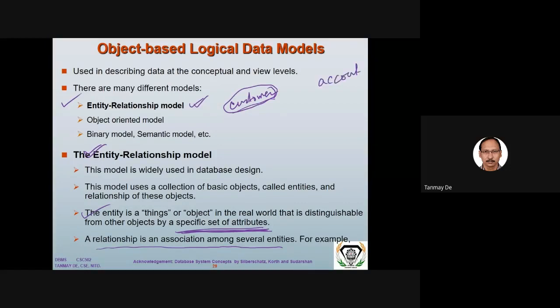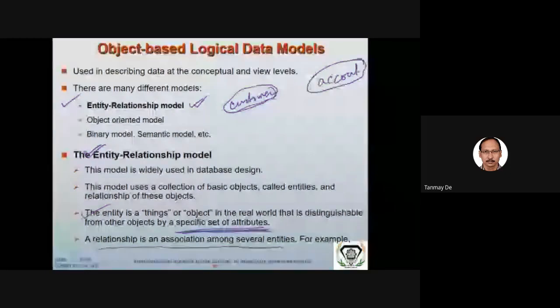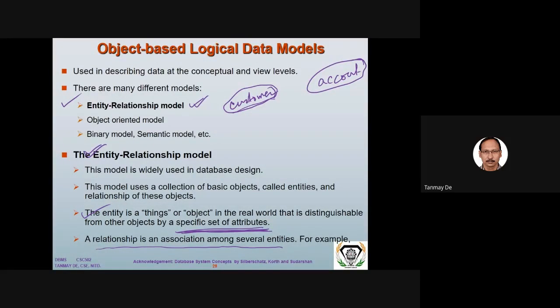How do we distinguish two account objects, or a number of account objects? By the attribute. Attribute is basically the feature. In the case of account, we can consider the account number and the balance. So this is the customer entity, and this is the account entity.